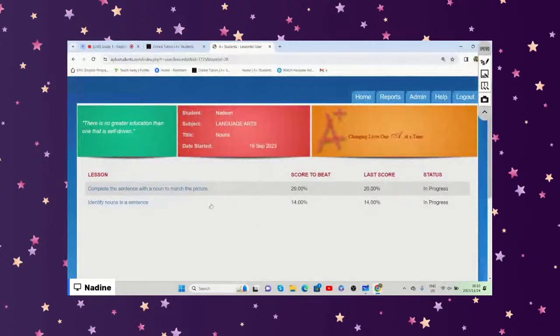We see that the two lessons we're going to focus on are to complete the sentence with a noun to match the picture and to identify nouns in a sentence. So we're going to the first lesson, where we complete the sentence with a noun to match the picture.